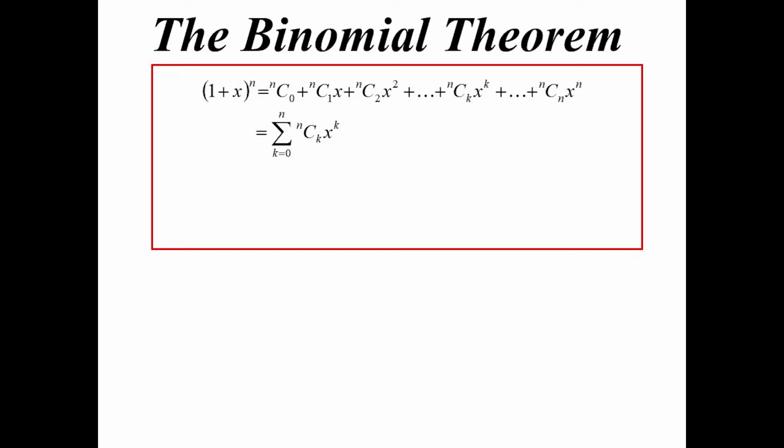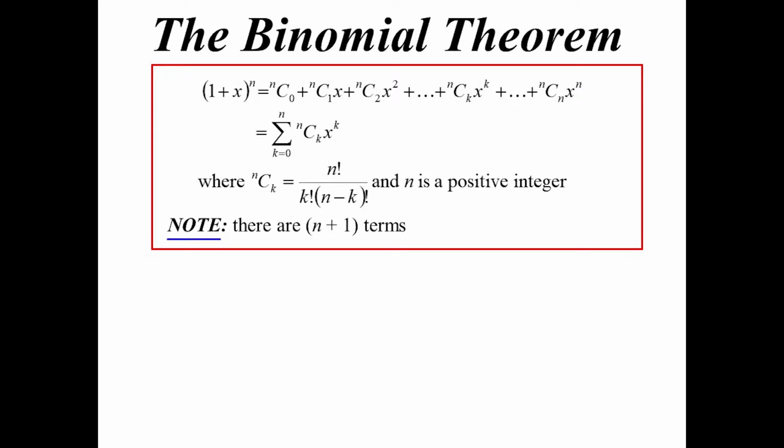And that just saves writing the whole thing out. And nCk, remember, it's the same as we saw back in combinatorics, is n factorial on k factorial, (n minus k) factorial. There will always be n + 1 terms, because if you're starting at 0 and going up to n, you'll end up with n + 1 terms.